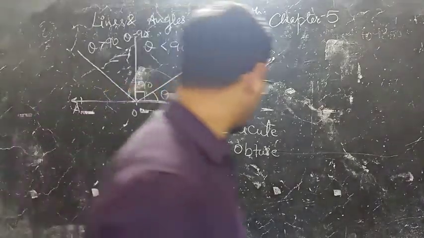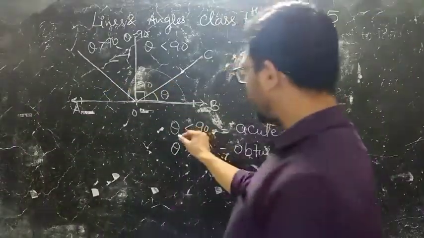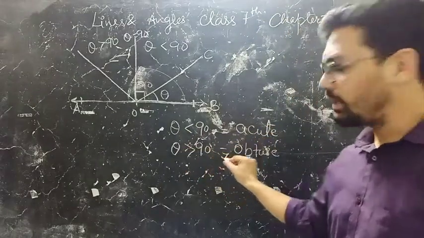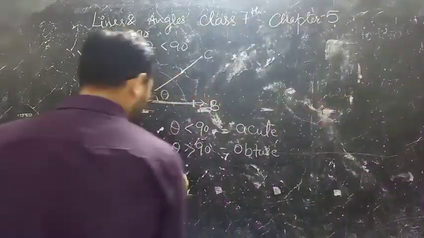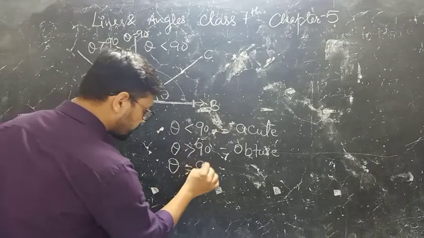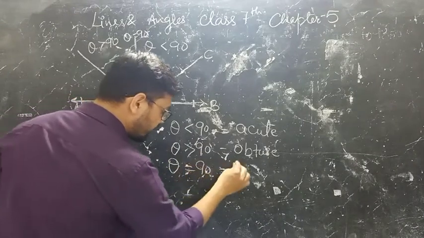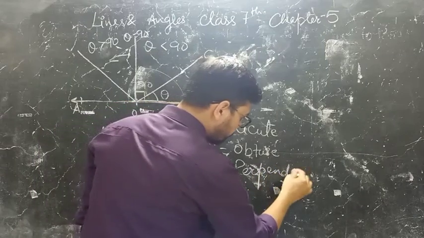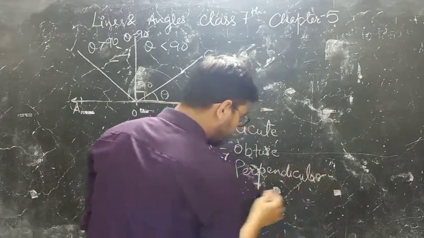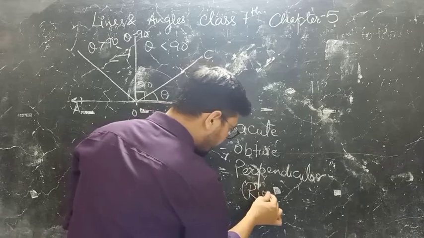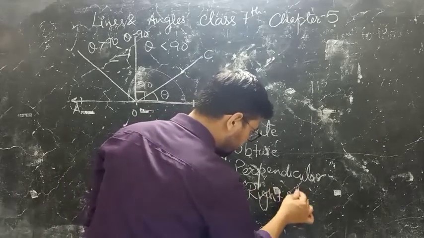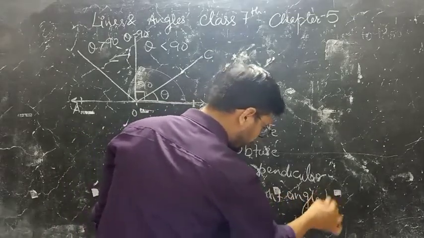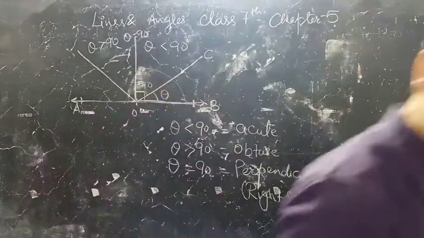Please note it down fast. So if an angle is less than 90, it is acute. If greater than 90, it is obtuse. For theta equal to 90, it is perpendicular, or you can say right angle. Note it down fast.